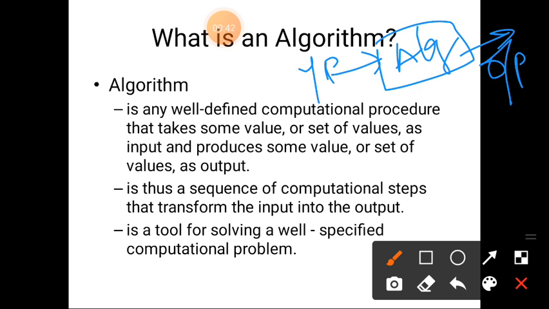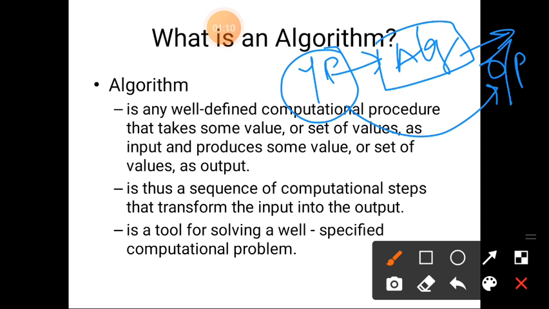Another definition of an algorithm is that it is a sequence of computation steps that transform the input into the output. A third definition is that it is a tool for solving a well-specified computational problem. The problem can be solved either by hand or on a machine.